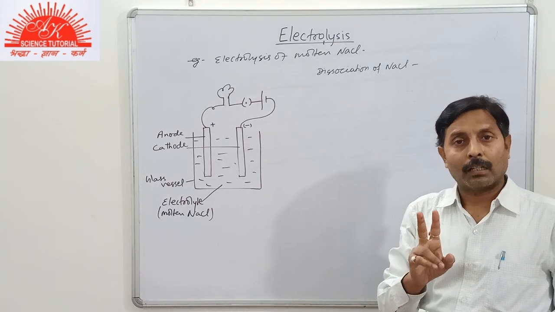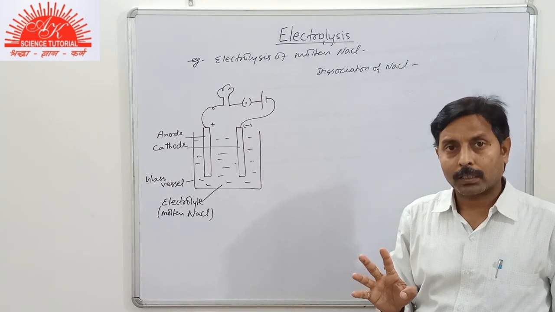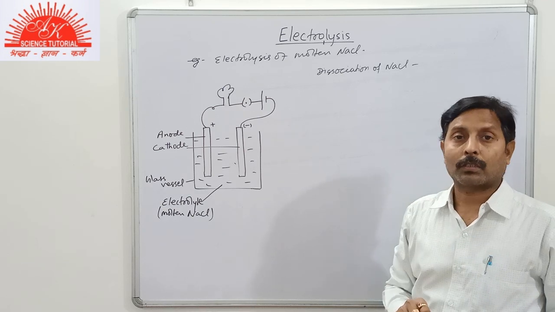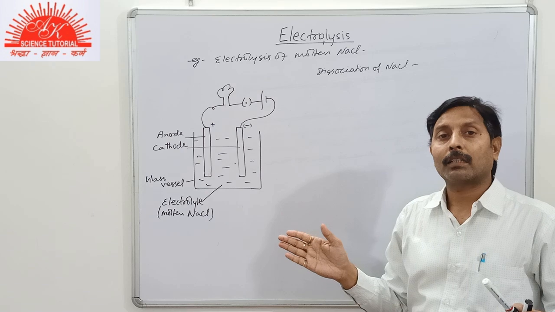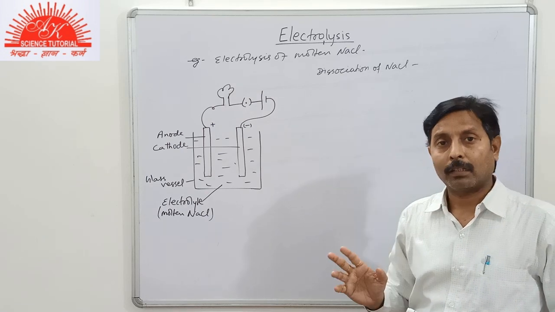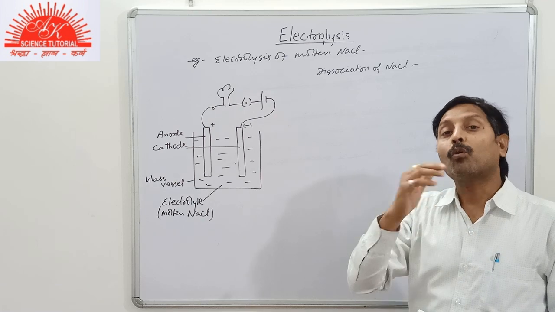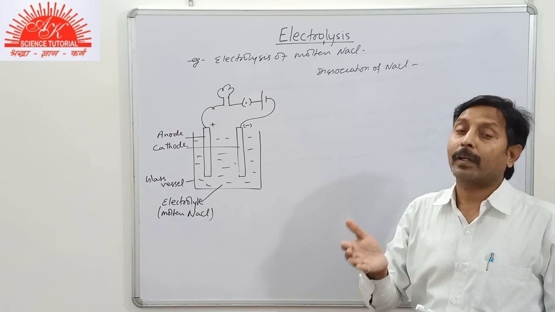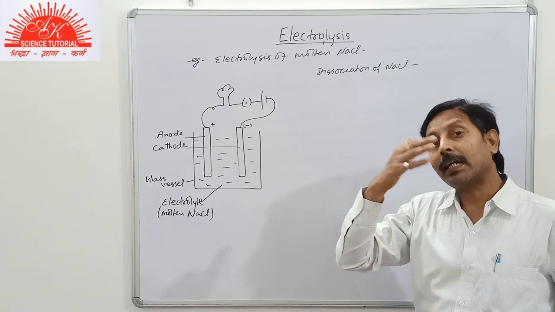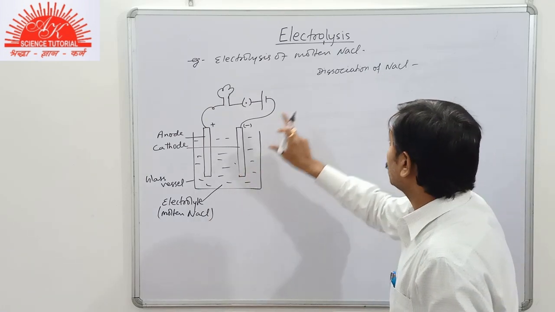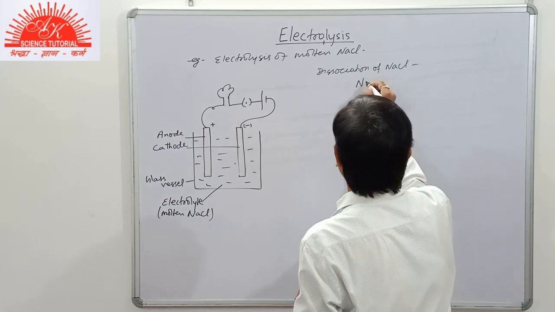Dissociation and ionization, two terms are used, students. The word dissociation is used for ionic compounds, meaning separation of ions because ions were already present. And the word ionization is used for polar covalent compounds, which were initially molecules but get ionized in aqueous solution. So this time we are using dissociation.